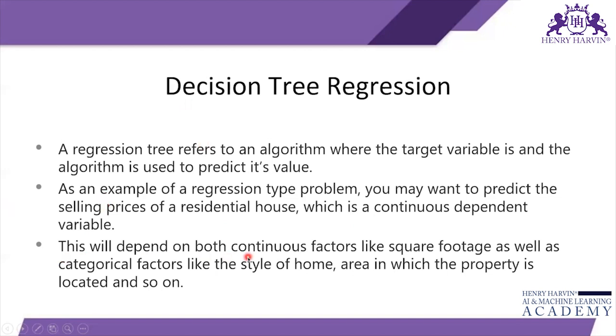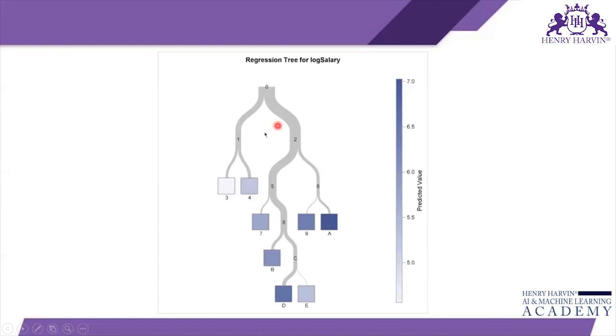This will depend on both continuous factors like square footage, as well as categorical factors like style of home and the area in which the property is located, and so on. So these values depend on multiple factors, like the area where the house is situated, and other things like state, city, and some other factors.